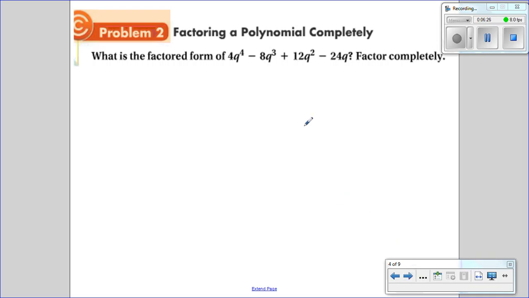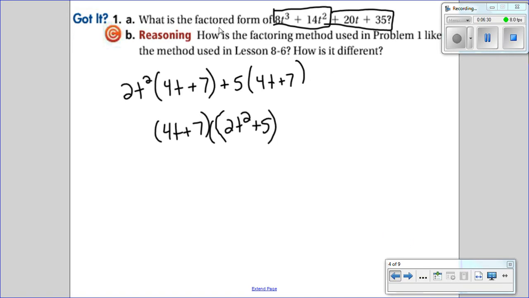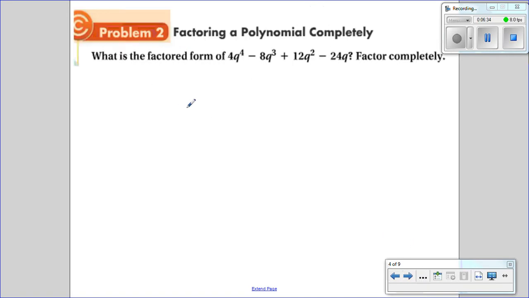Now, sometimes there is a GCF that you can pull out right away. With the previous one, again, there wasn't, and I should have pointed that out. But with this one, there is. So what do these all have in common? Hopefully, the first thing you see is that they all have a Q in common. The other thing is that 4 can be divided into all of them. A 4 is a factor.